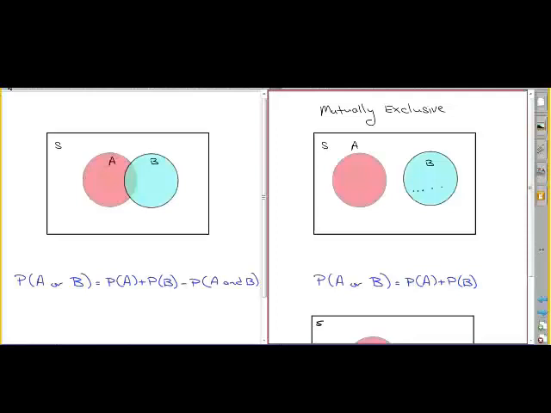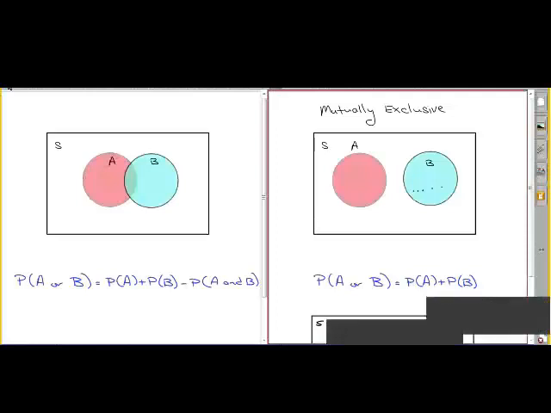And then the elements in set A would be inside this circle, and the elements in set B would be inside this circle. And when you do the elements in set A or B, you just list all the ones that are in A or B. And you don't want to double count the ones that are in A and the ones that are in B, so you have to subtract out that commonality.